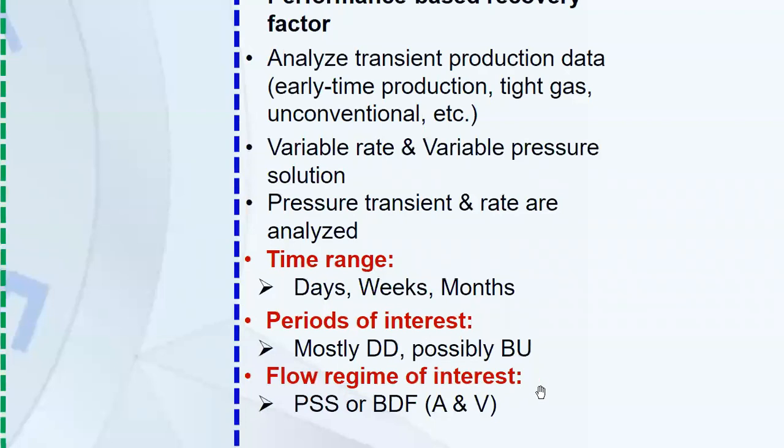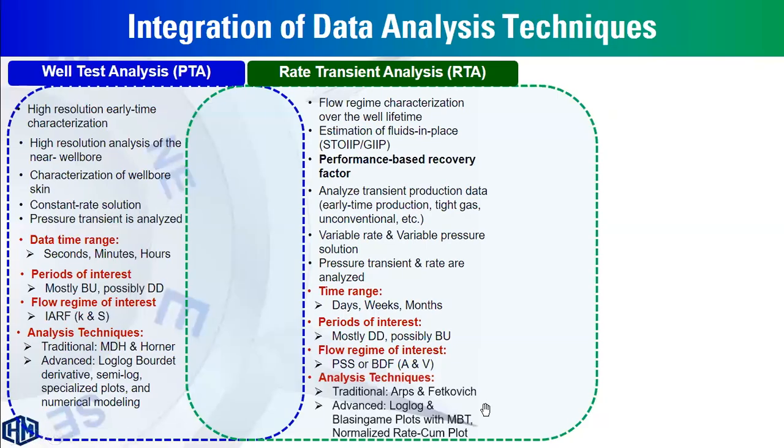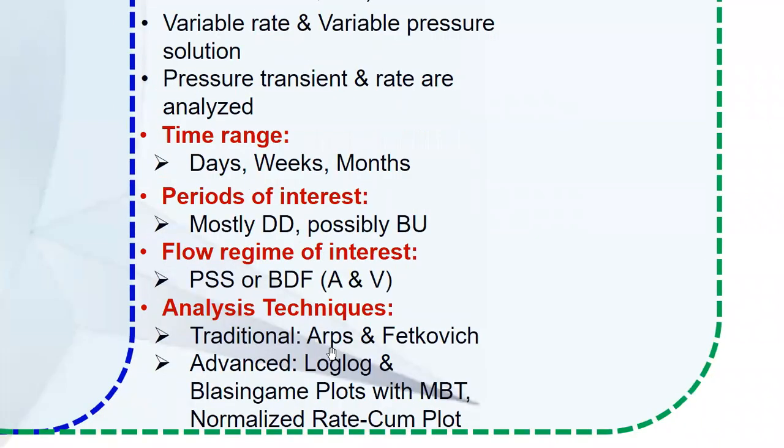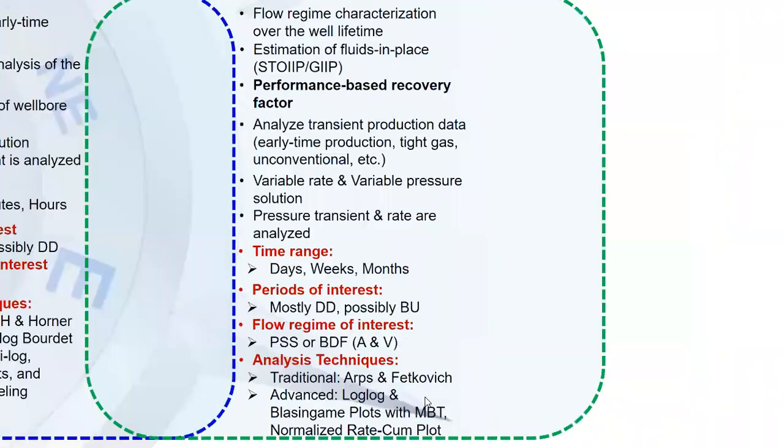The period of interest is typically drawdown data, and the main flow regime is the pseudo-steady state or boundary dominated flow, used to predict the reservoir area and volume. Analysis techniques: the traditional Arps, with the advanced techniques like the log-log Blasingame plot with material balance time, or the normalized rate cumulative plot.